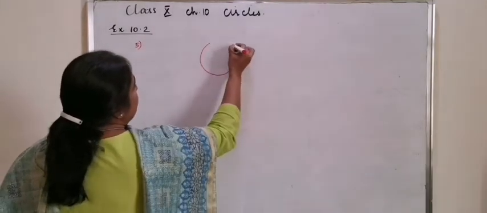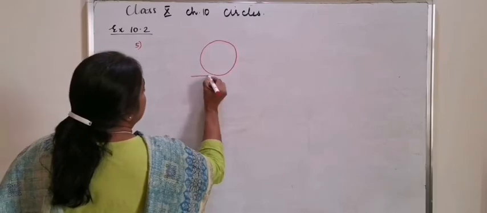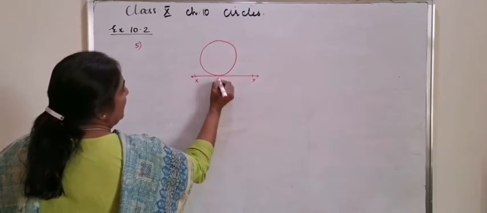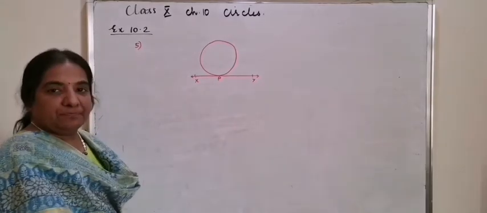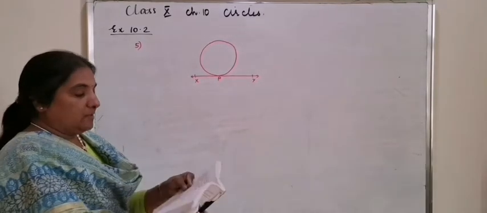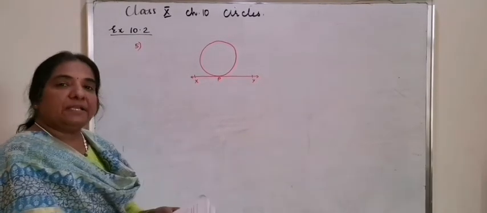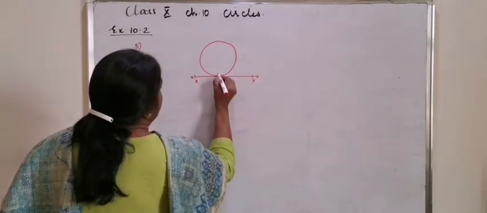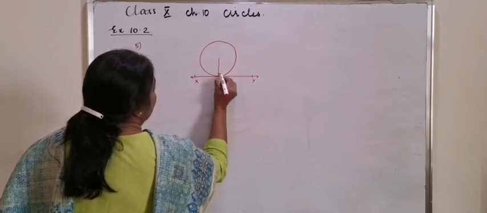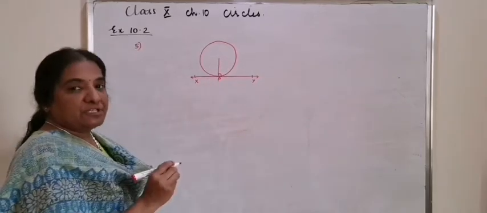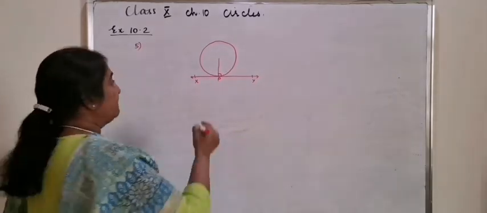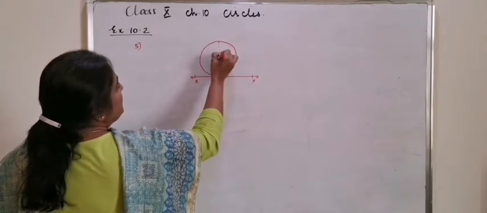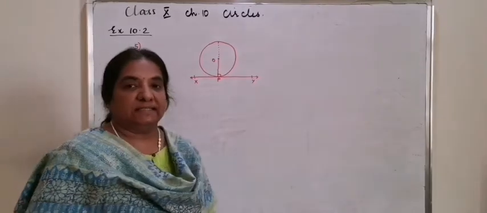Given a circle and a tangent XY at the point of contact P. Now, the question says that a perpendicular is drawn through the point of contact, and we are supposed to prove that that perpendicular passes through the center of the circle.